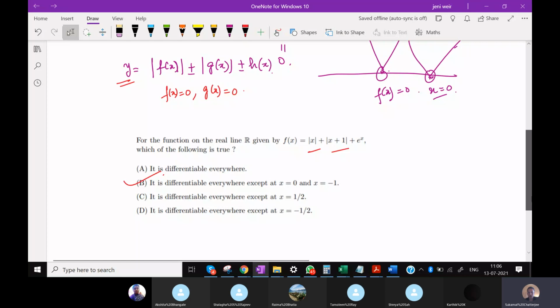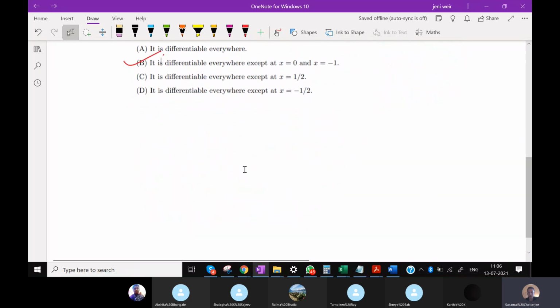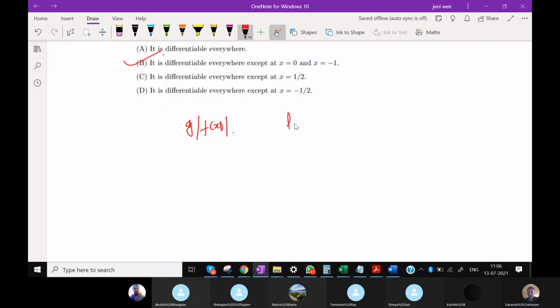The second type of adaptation of this function is of the form g of mod of f of x. So for example, ln of mod of root of x square plus 1, or not x square plus 1, let's say x square minus 1.